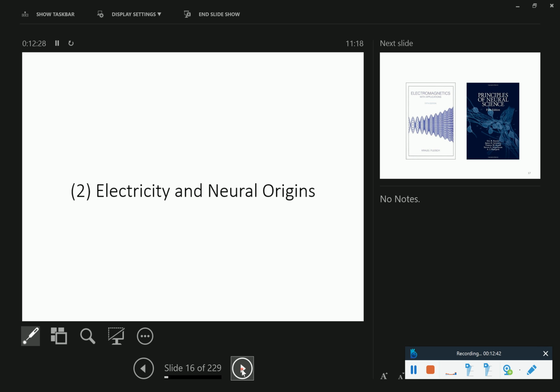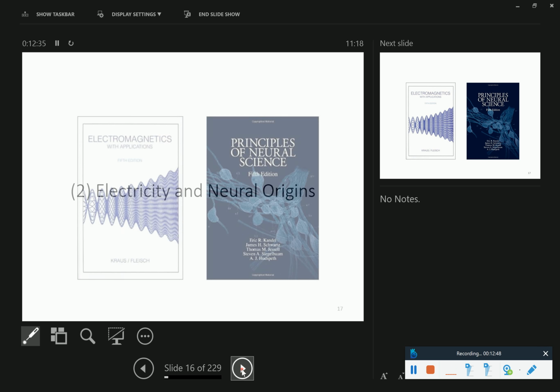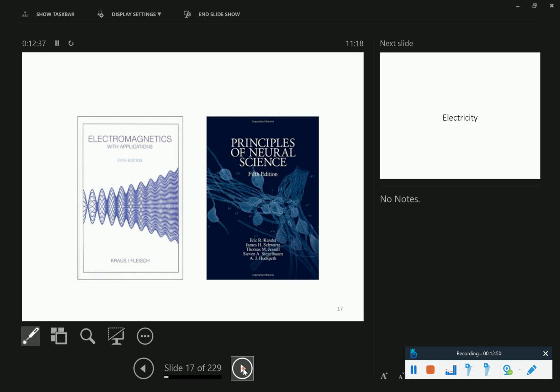And this is the content of the second section of this course, which actually uses material from Electromagnetics with Applications by Kraus and Fleisch.